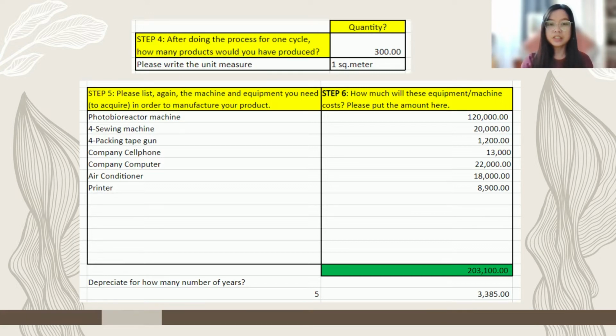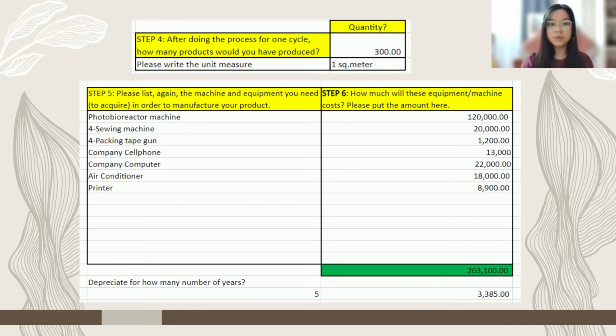The required equipment includes a photobioreactor machine, which costs 120,000 pesos, the sewing machine, which costs 20,000 pesos for 4 pieces. The packing tape gun costs 1,200 pesos for a total of 4 pieces as well. The company phone costs 13,000 pesos.